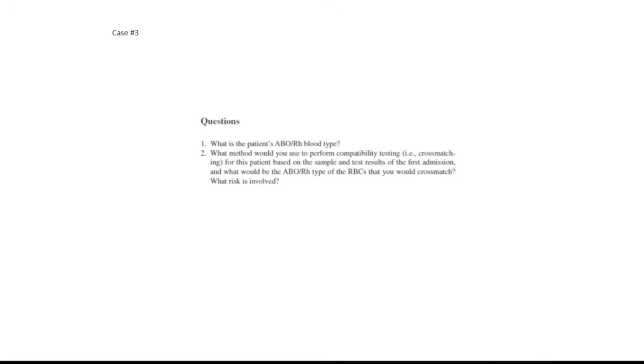Right. So the FDA allows these three types of cross matches, and what's the difference between these three cross matches? What is the immediate spin testing for? So that is testing for ABO compatibility, and is a quicker method of finding that.